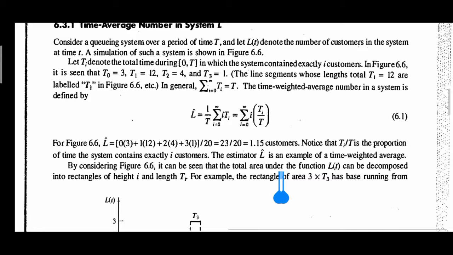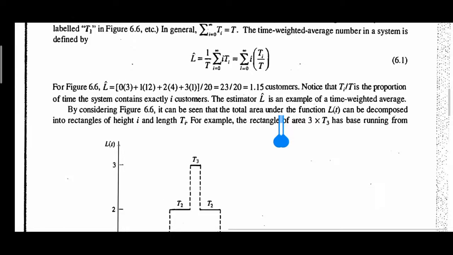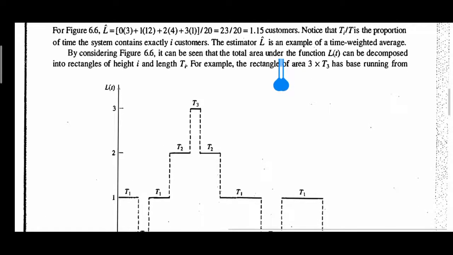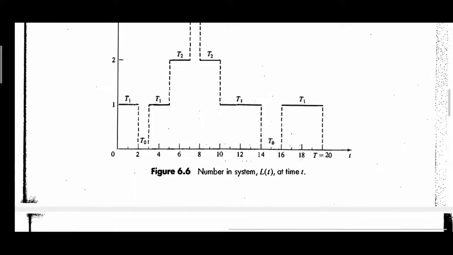The line segments whose lengths total T1 equal to 12 are labeled as T1, the total length of the line segments, which is equal to 12.